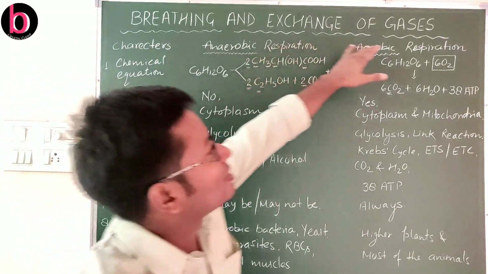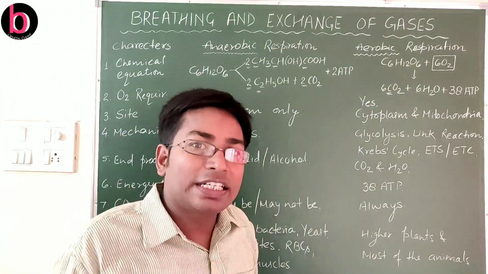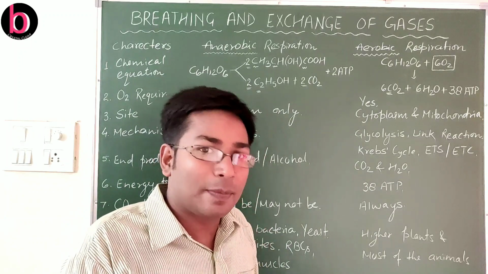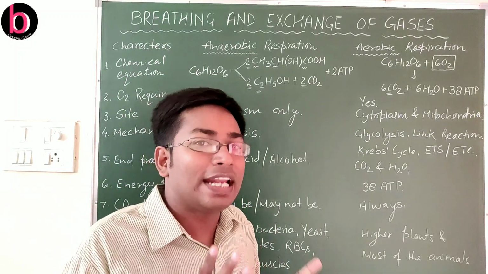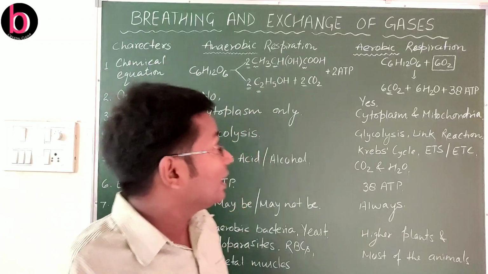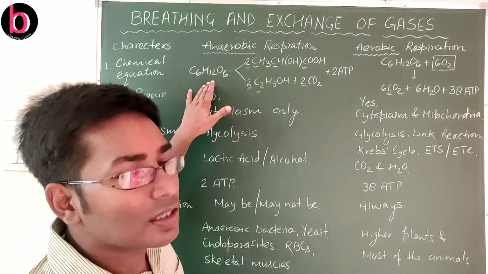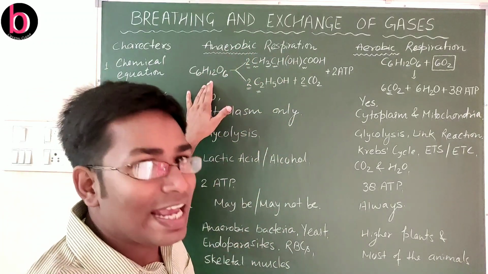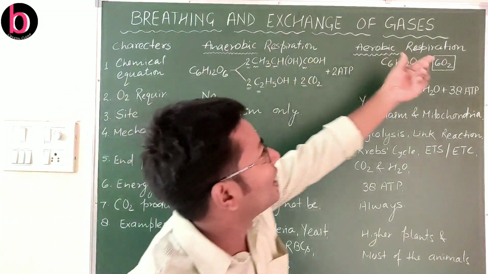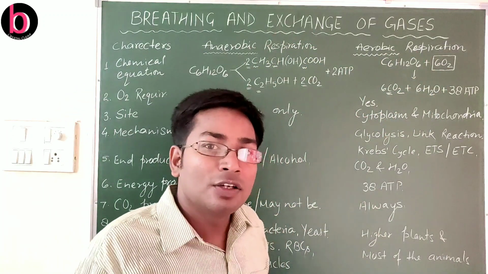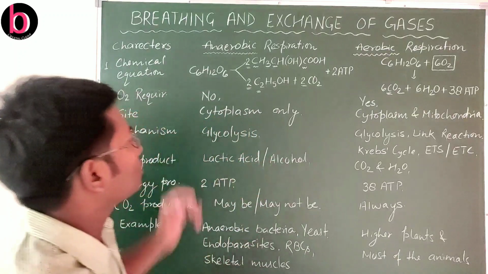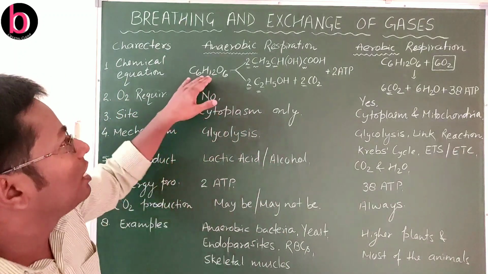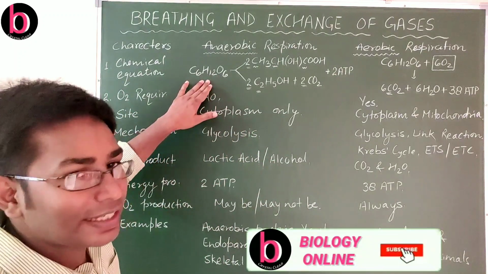As we know, respiration is simply oxidation of food that may take place in presence or in absence of oxygen. If this occurs in absence of oxygen, it is known as anaerobic, or if it occurs in presence of oxygen, it is known as aerobic. So first, here is the equation of the anaerobic reaction.